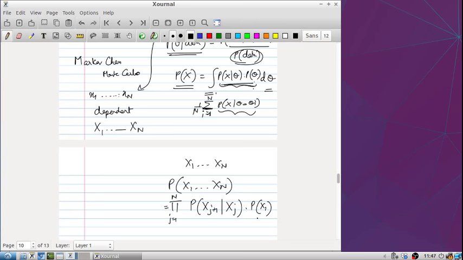Markov just means that, remember, if you had a joint distribution, you can always decompose it into a factorized distribution, right? You can write this as probability of x1 times probability of x2 given x1 times probability of x3 given x2 comma x1, and so on, up to probability of xn given xn minus 1 all the way to x1.